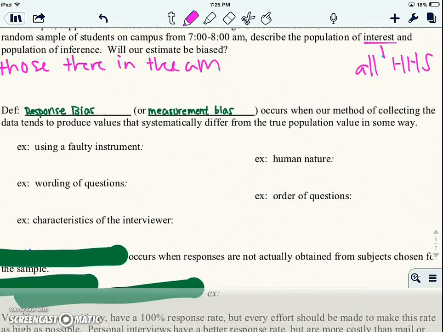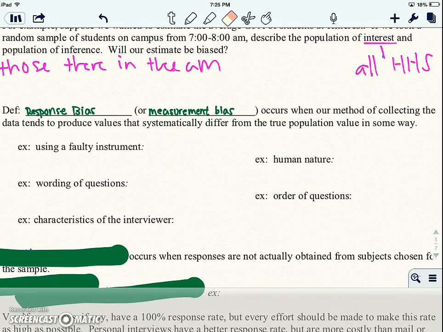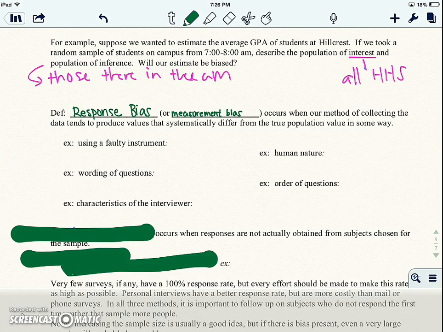Okay, here is another type of bias. This one is response bias, otherwise known as measurement bias. Okay, and response bias occurs when our method of collecting the data tends to produce values that systematically differ from the true population value in some way. For example, using a faulty instrument.